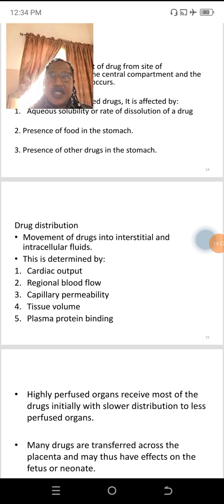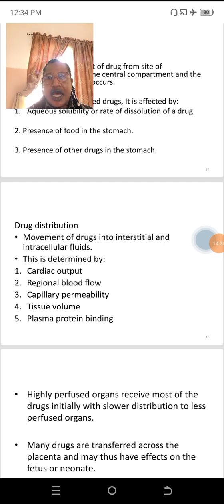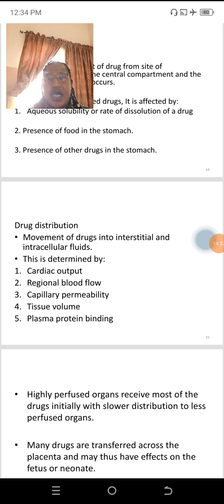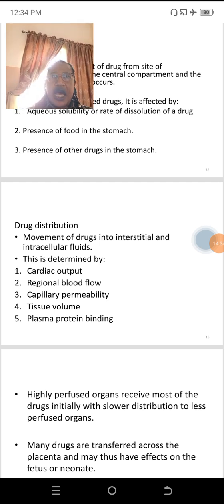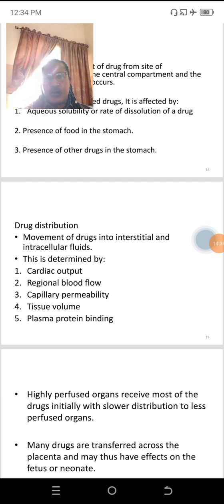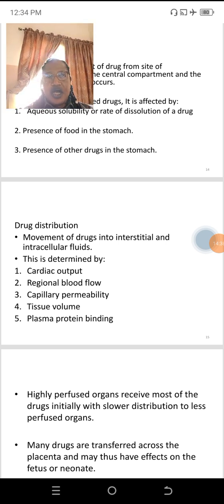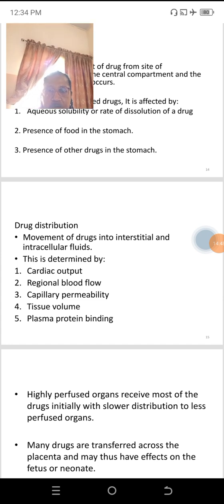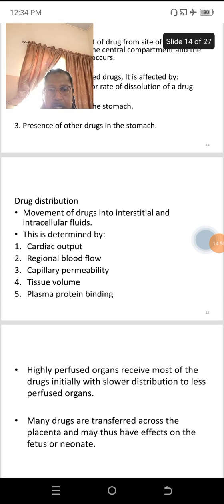The movement of this drug from the central compartment into the interstitial and intracellular fluid is what is known as distribution. Distribution is influenced by factors like cardiac output, regional blood flow, capillary permeability, tissue volume, and plasma protein binding.